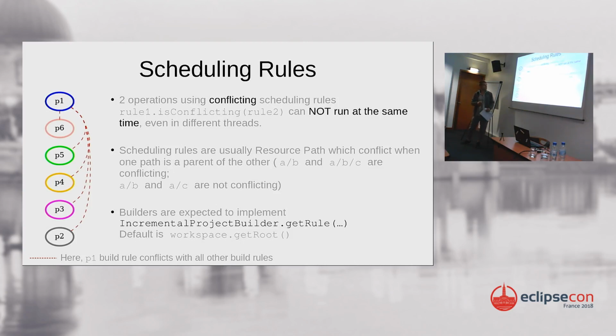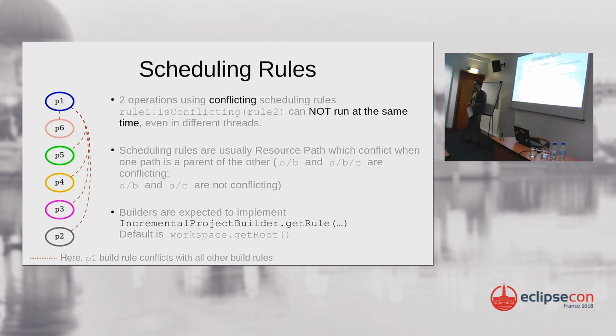That's an API contract, and the effect of conflicting operations is that they cannot run in parallel. The workspace prevents that, and that's a very good thing.